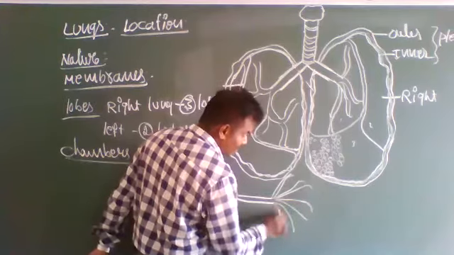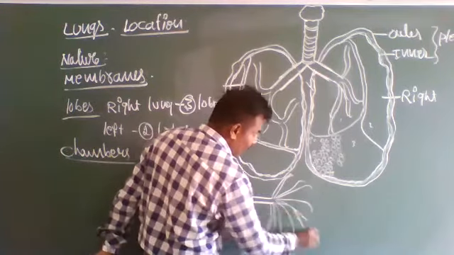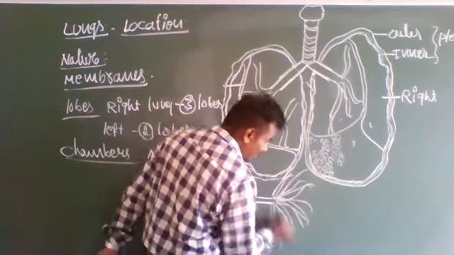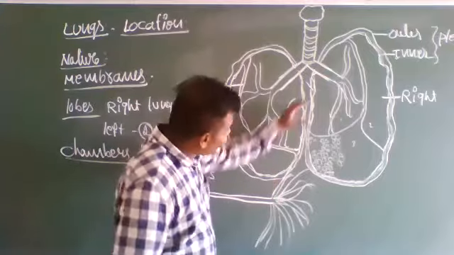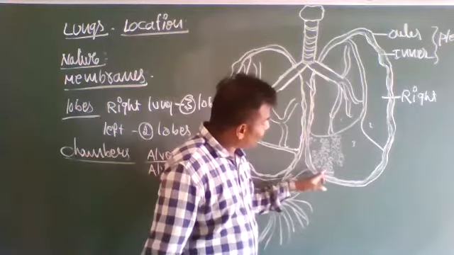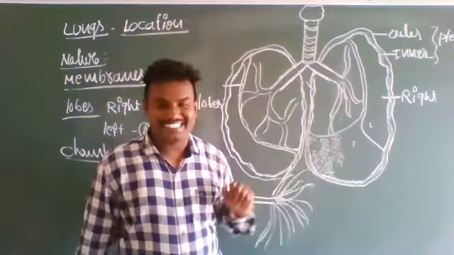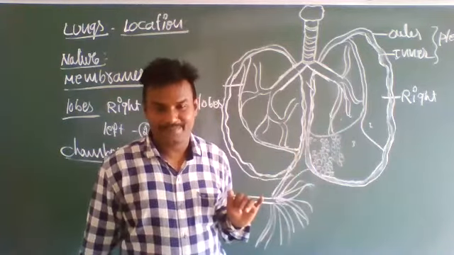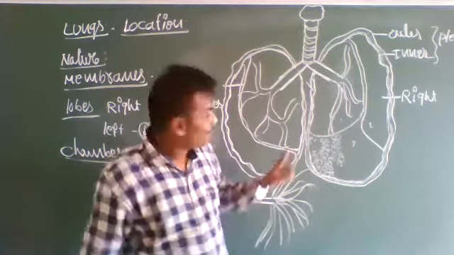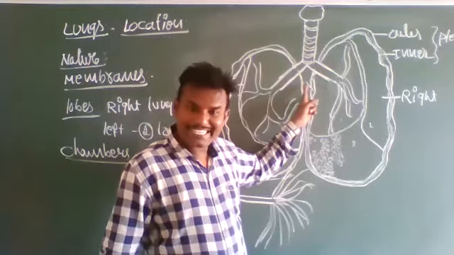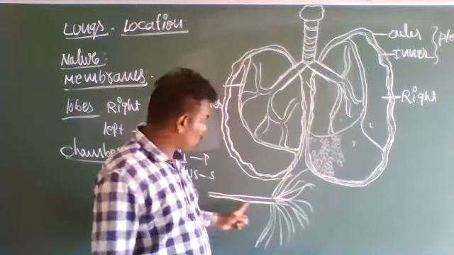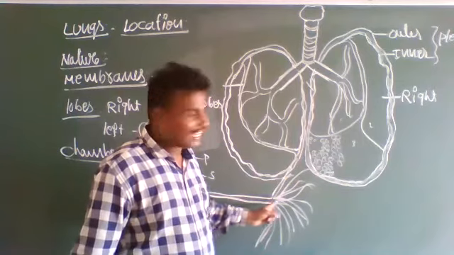Like this, several small capillaries. These are all the capillaries connected to all the alveoli. From the heart, deoxygenated blood passes through the pulmonary artery and reaches the lungs.